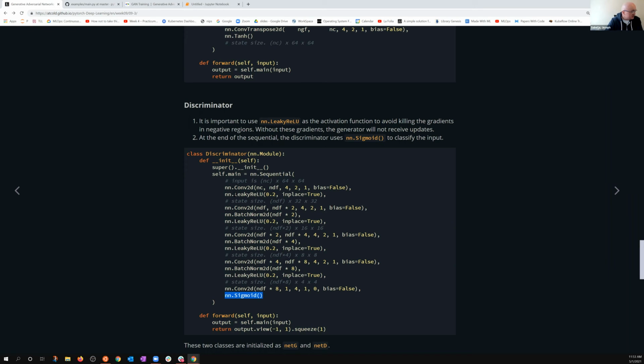One thing he highlighted was the leaky ReLU, and I think the comment was that if you just use ReLU, you'll have a vanishing gradient problem, because ReLU is 0 for negative values of input. So you need a leaky ReLU to maintain a gradient so it doesn't vanish completely for negative values.